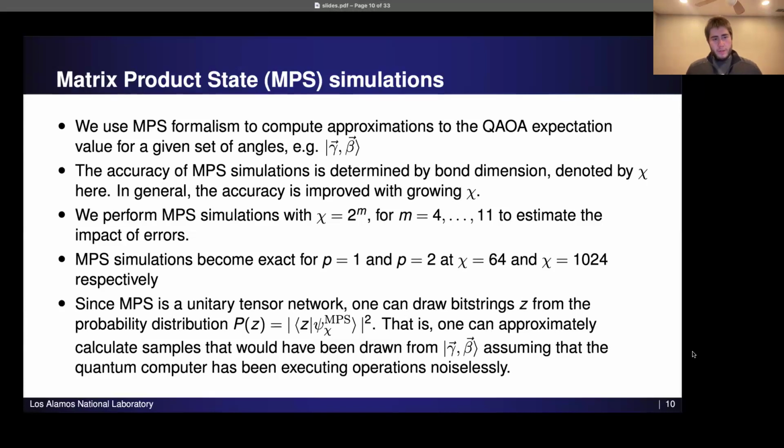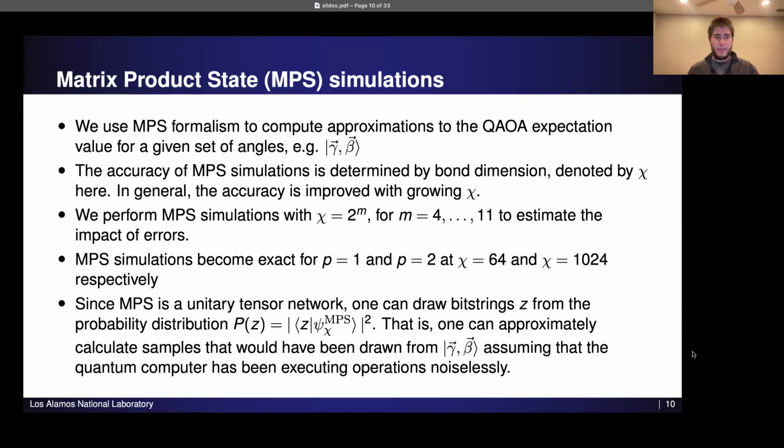The other tool that we use in this study is matrix product state simulations. Here we're able to compute the QAOA expectation value for a given set of angles. This doesn't really help with angle finding, but it does allow us to evaluate what the quantum computation should be in a noiseless setting. This is a tensor network simulation.